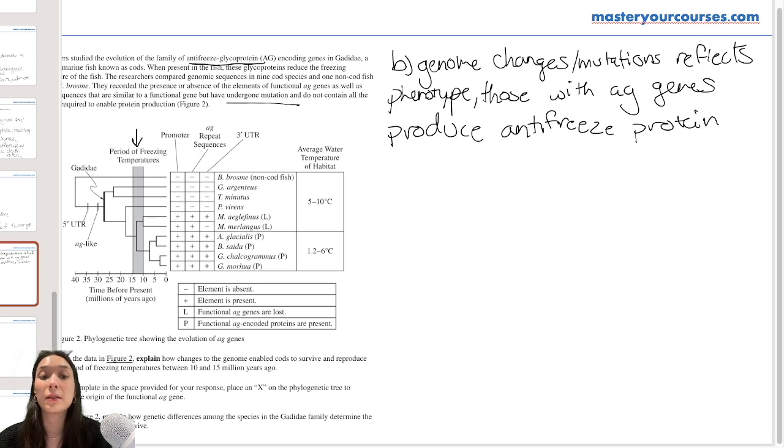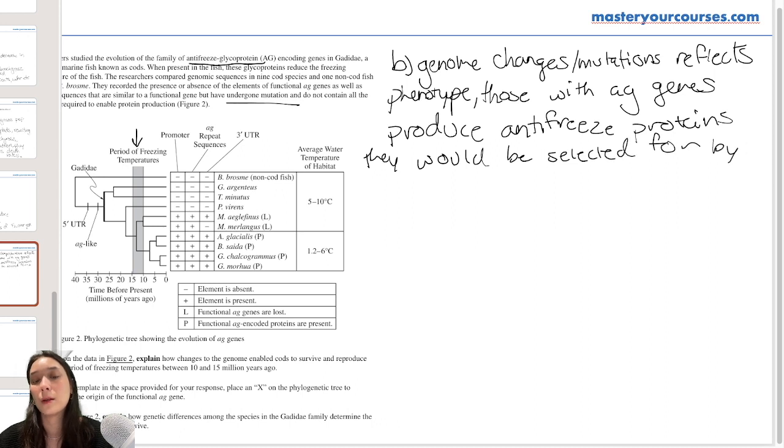And these ones would be selected for by the environment. By the colder environment, so during that period of freezing temperatures.